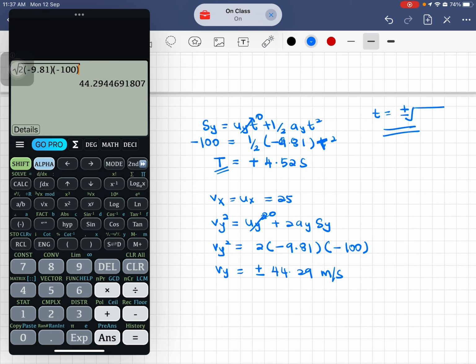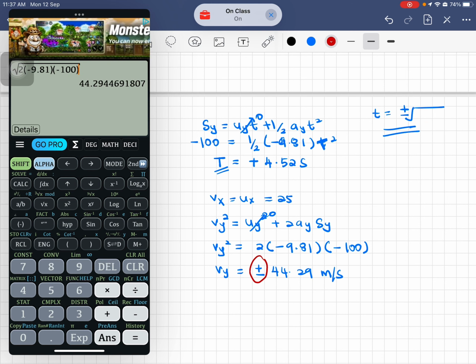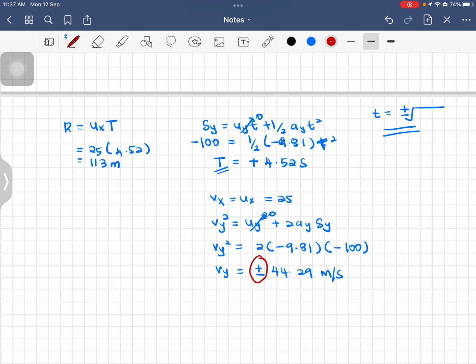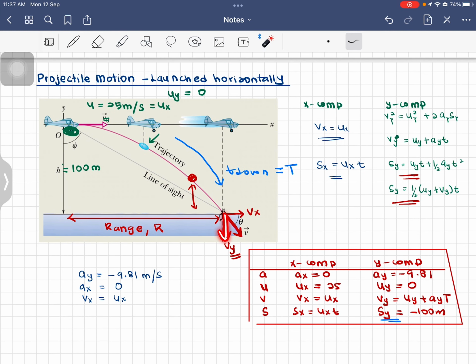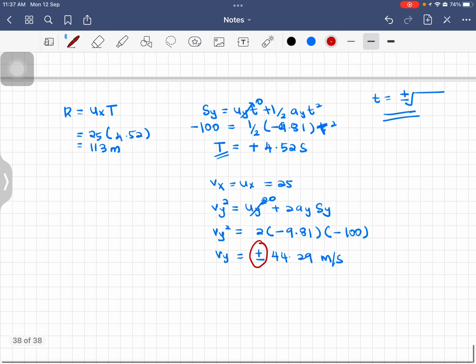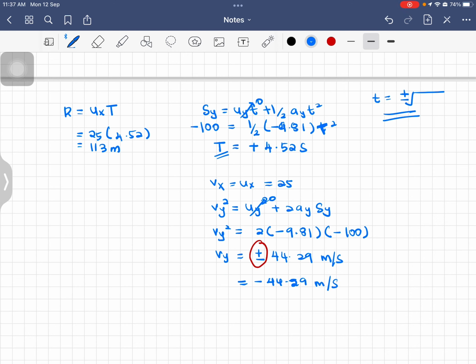So this one, since it has positive and negative, you need to know the direction here. Okay, direction here, kita dah tahu dia ke bawah kan. So, kita akan ambil negative value. Negative 44.29 meter per second.